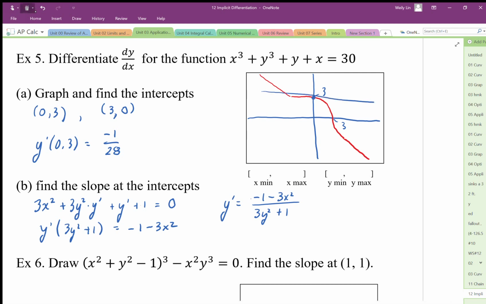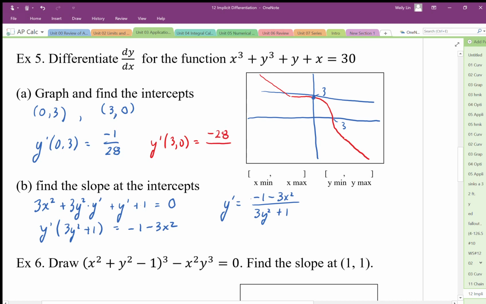And then for the other intercept, y prime at 3, 0, okay, it's almost vertical. When x is 3, it's going to be negative 28 on top.